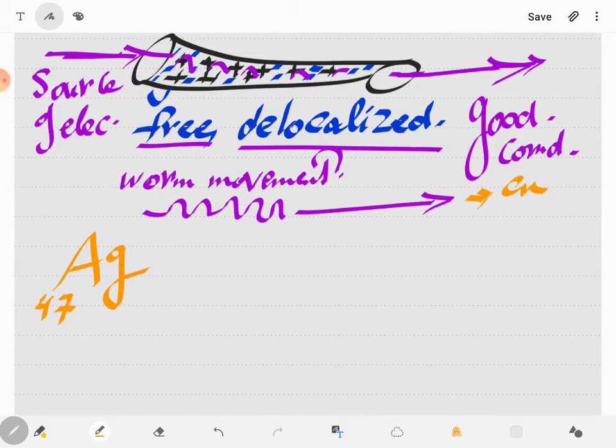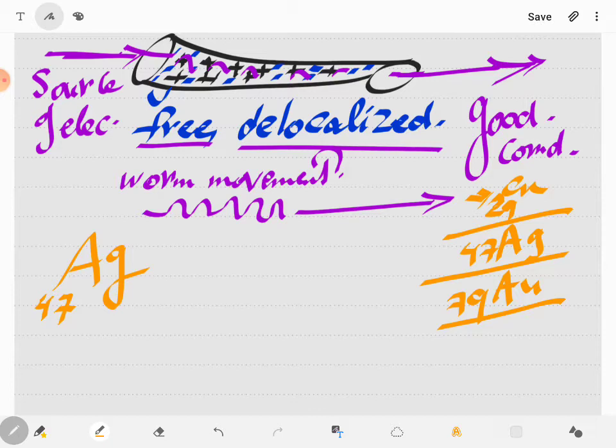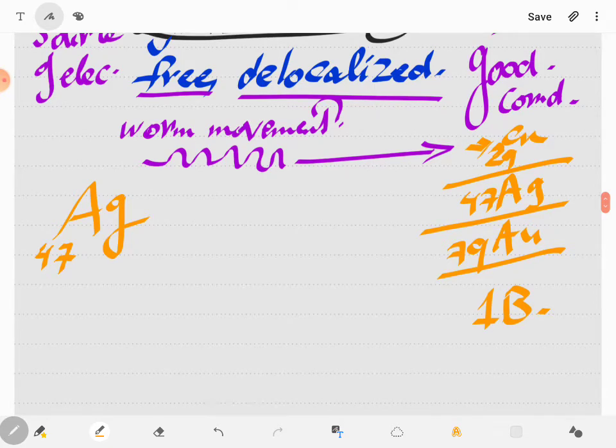Copper is 29, silver is 47, gold is 79. Copper, silver and gold are all in group 1B, meaning the outermost shell has one electron.